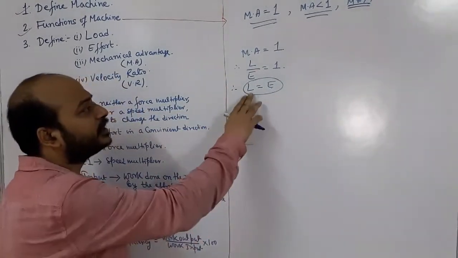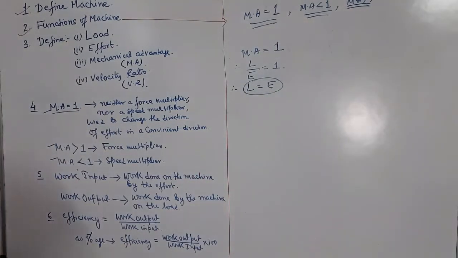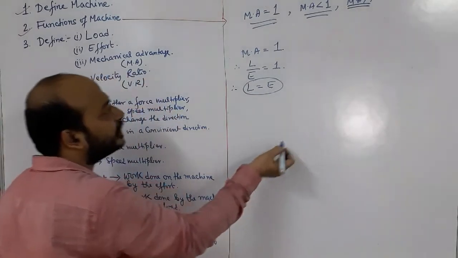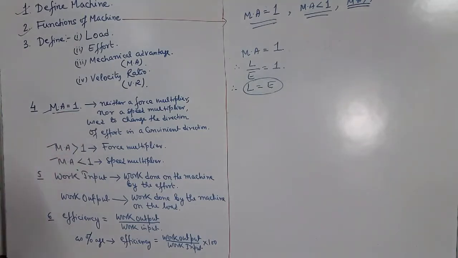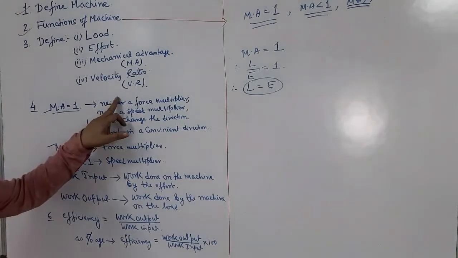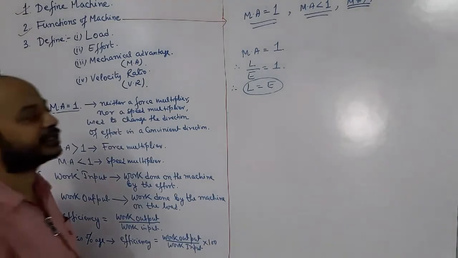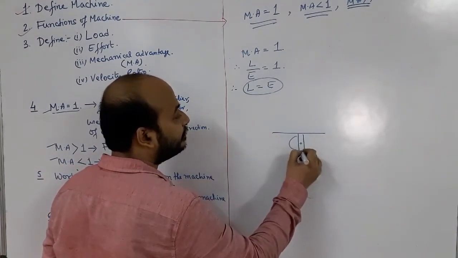Therefore there is no gain in force. Then what is the advantage of using that machine? Those machines which have a mechanical advantage of 1 are neither force multipliers nor speed multipliers, but are used to change the direction of effort to a convenient direction. Just now I showed you that pulley. So in that case, what happens?